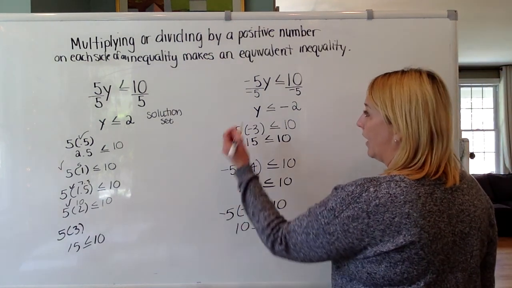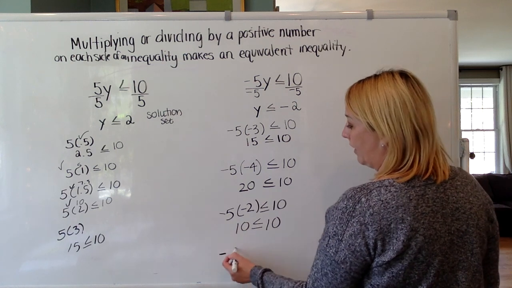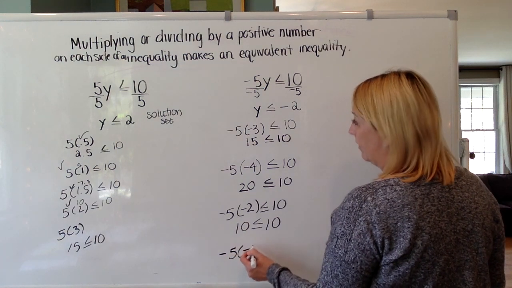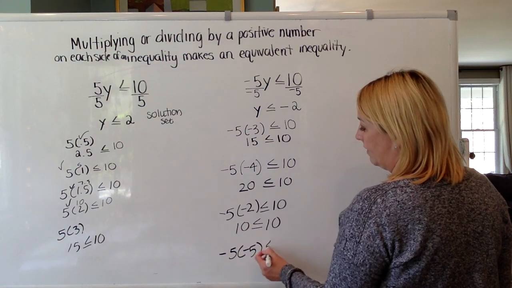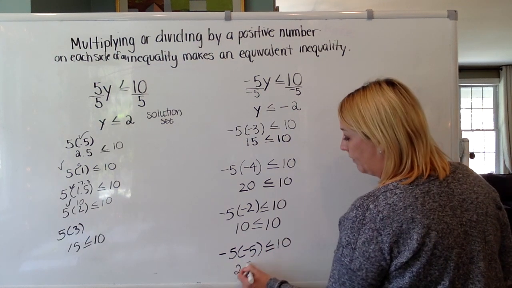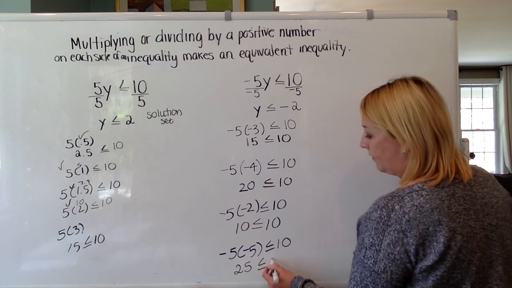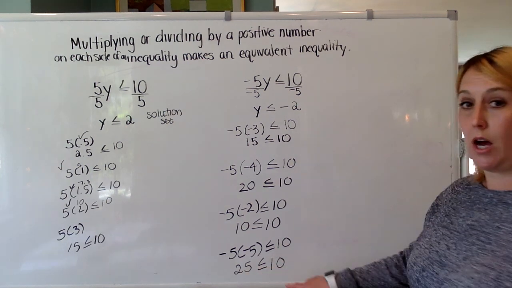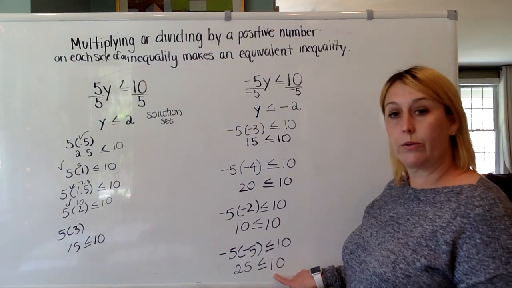But other than that, I could keep substituting negative 5 times negative 5 is less than or equal to 10. Well, negative times a negative is a positive, so we have 25, but we know 25 is not less than or equal to 10.